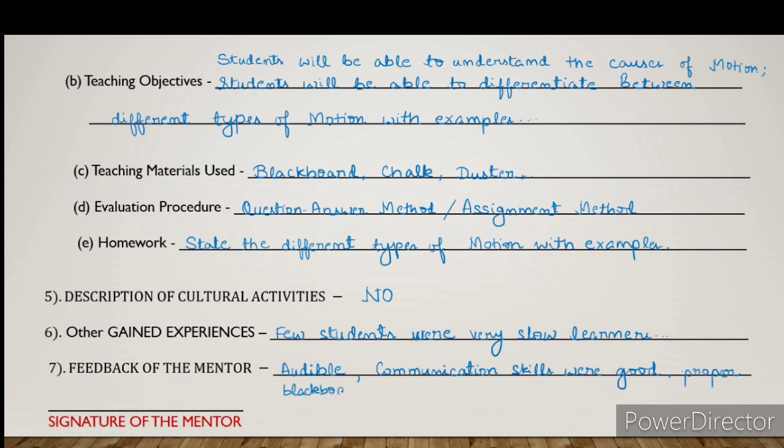The feedback is given by the mentor. Last comes the signature of the mentor.